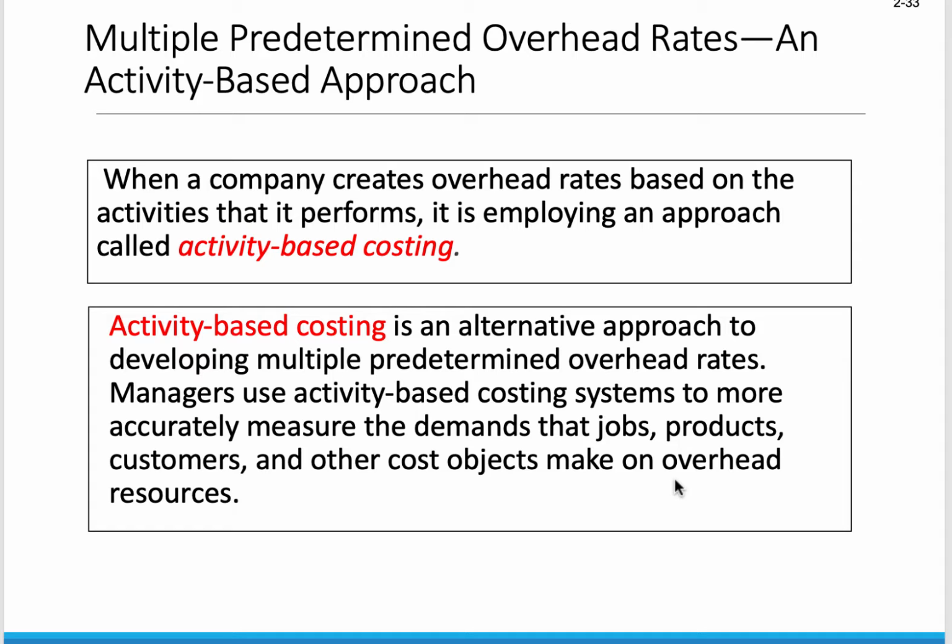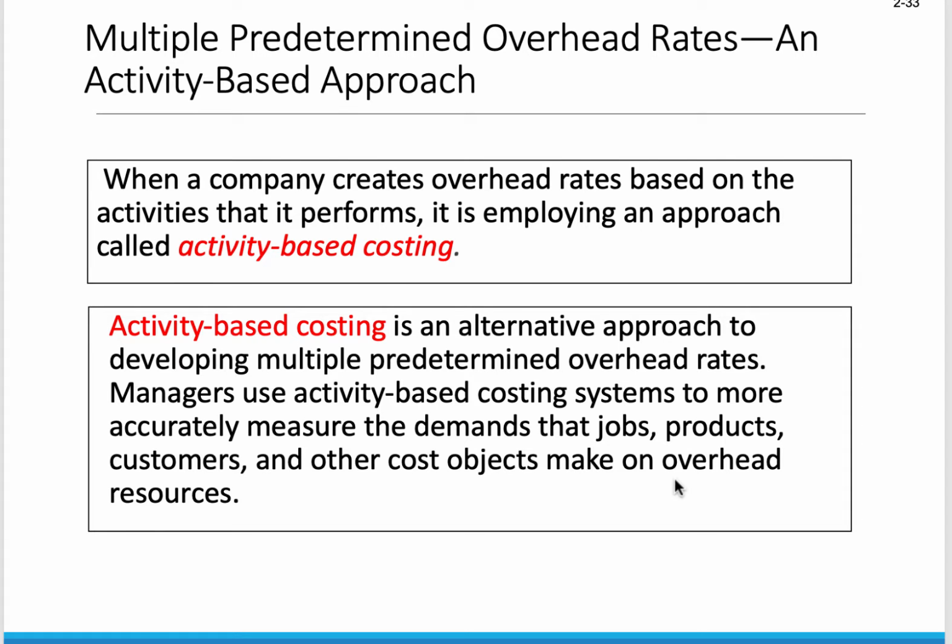We're going to see what activity-based costing really is and how we calculate it, and how we identify our cost pools and our cost objects and whatnot. Again, we'll talk about that in chapter 7.